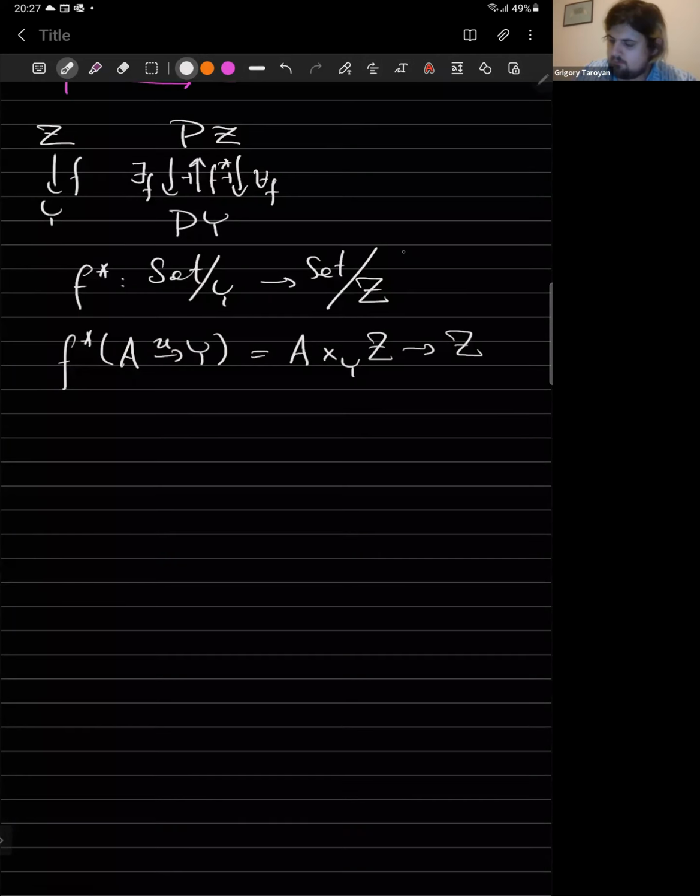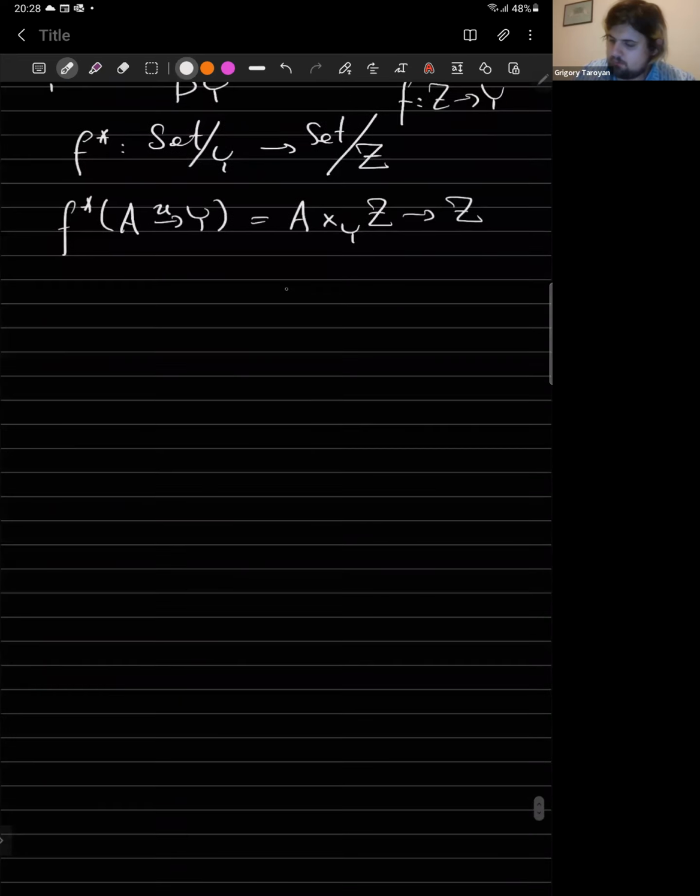So we had f from Z to Y, and we just pull back this object to get another object.